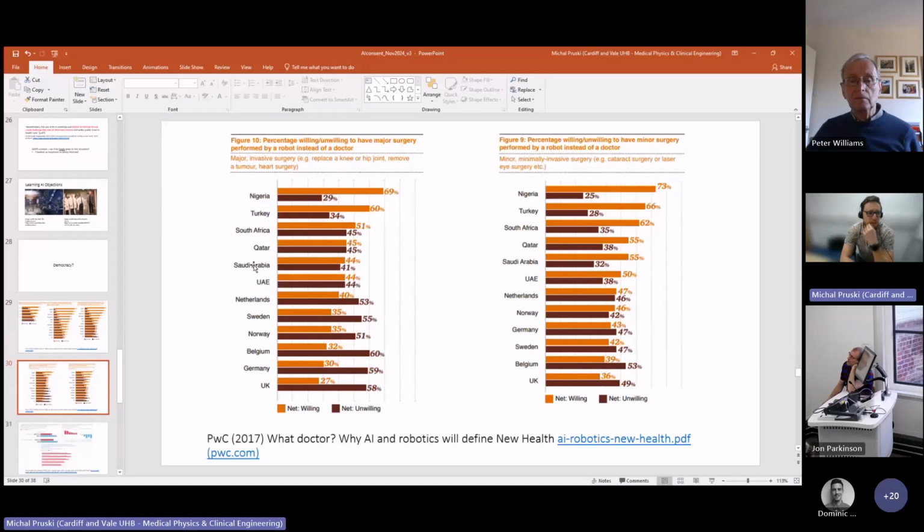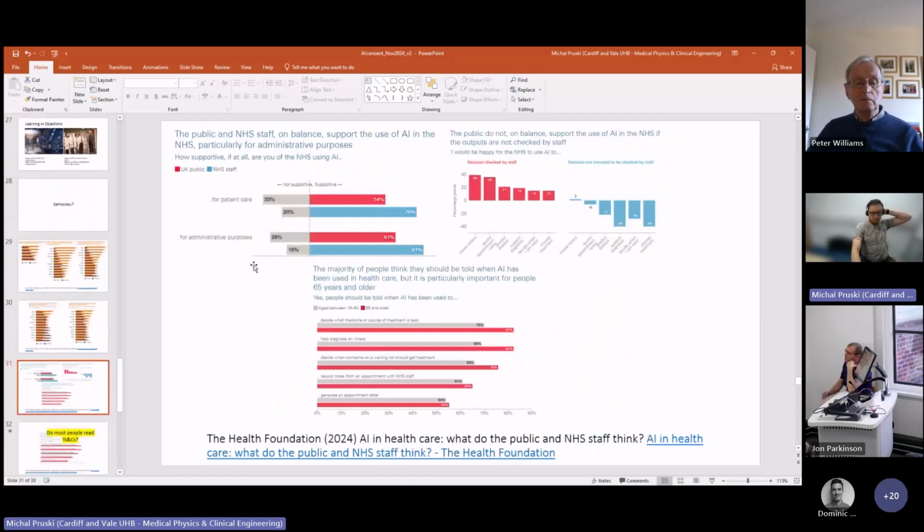And the same with regards to the use of robotics. So perhaps a reasonable patient in the UK has some fear or skepticism regarding AI and robotics, and that should be our general assumption.